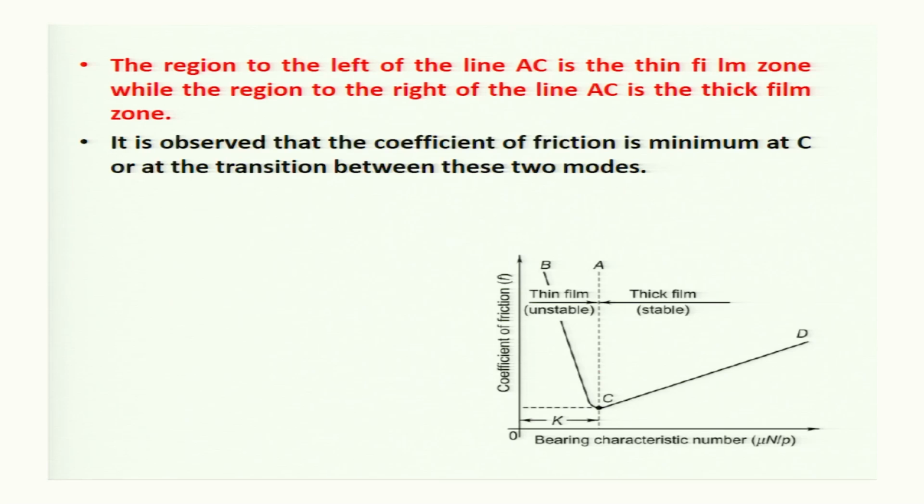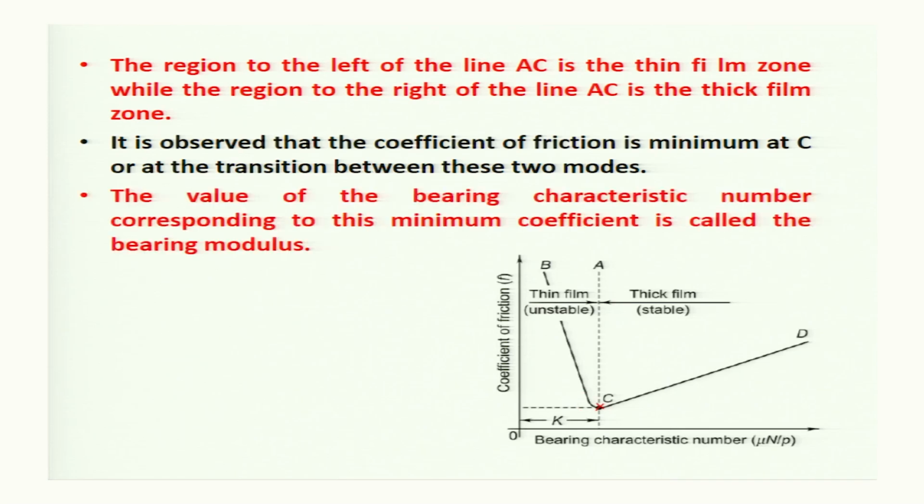It is observed that the coefficient of friction is minimum at C, or at the transition between these two curves. The value of the bearing characteristic number corresponding to this minimum coefficient is called the bearing modulus. This is denoted by K in the figure.